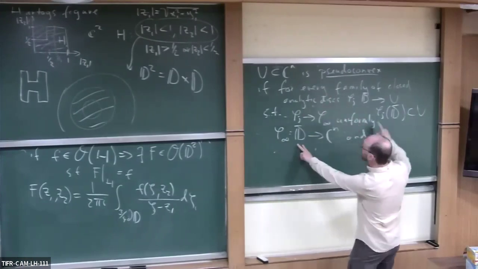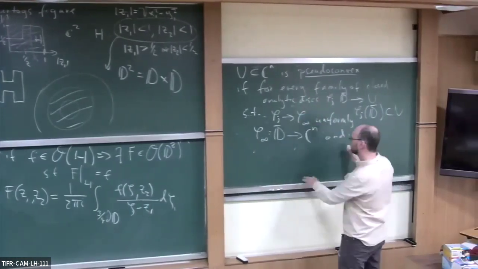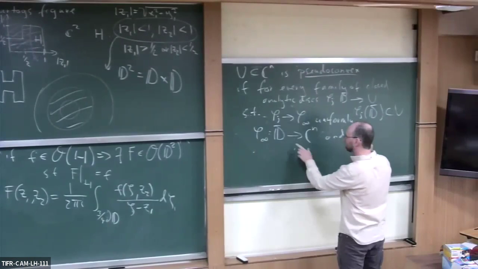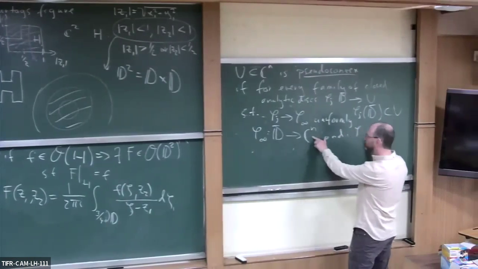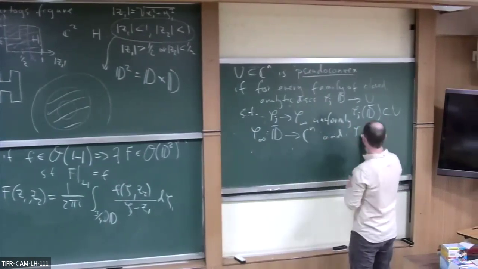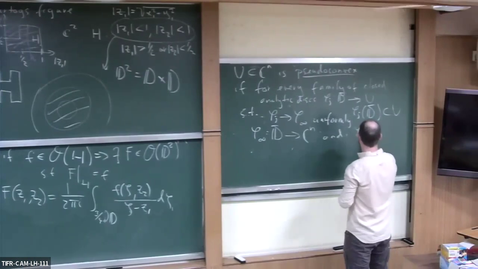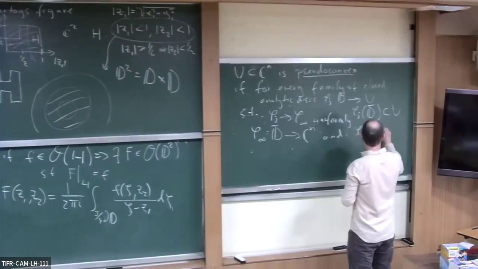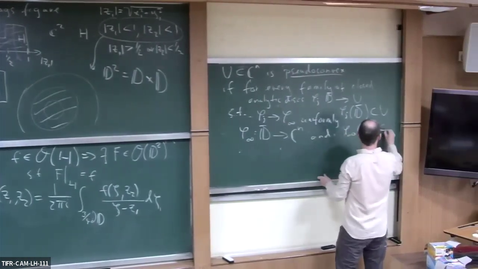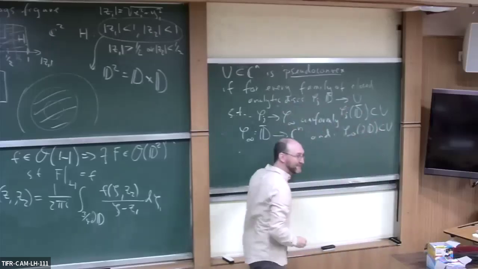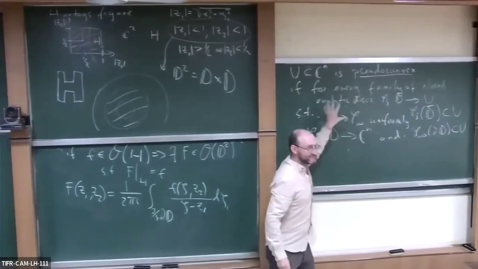And this is still in the hypotheses of this if statement, right? This doesn't necessarily have to go to U, but I'm going to assume that the boundary is in U. So far I'm still in the if.